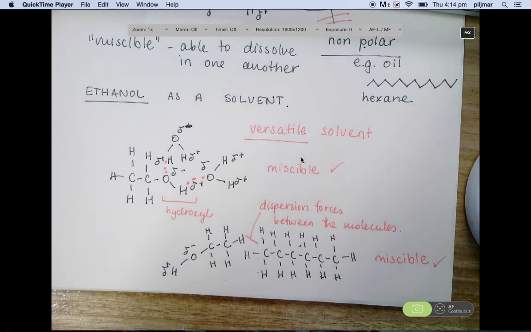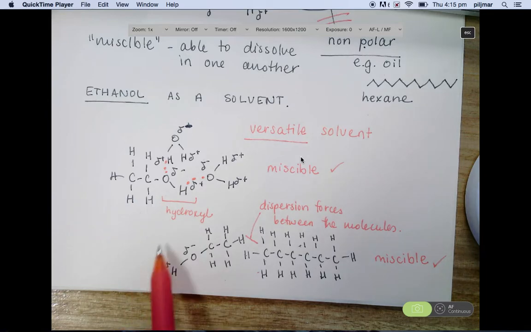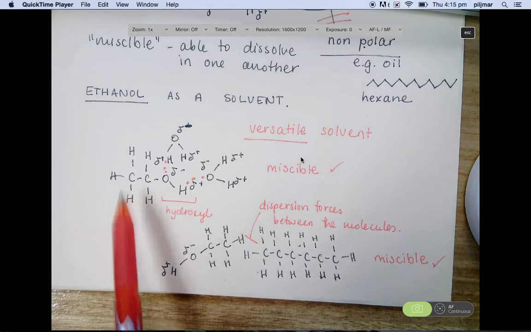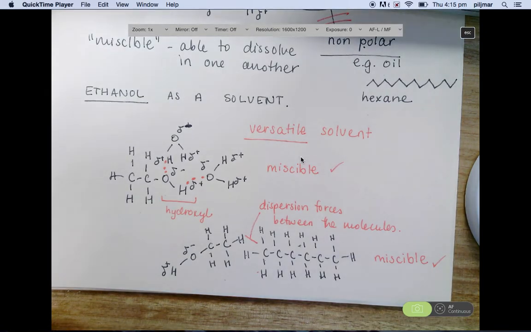So leading into homework for tonight, you're going to plan a little investigation for tomorrow's lesson where you'll be adding various substances to ethanol, and you will be having a look at whether or not they're miscible and thinking about what part of the ethanol structure allows that substance to dissolve. Or in the case of insolubility, why did it not dissolve in ethanol? So just have a look at the Google Classroom for that particular investigation plan. Thanks, everyone.